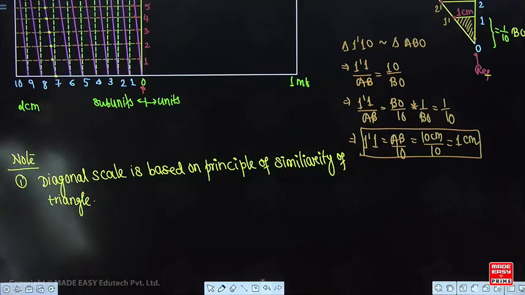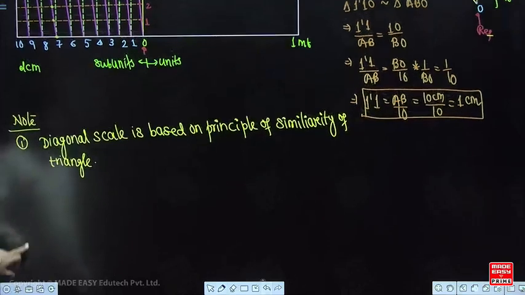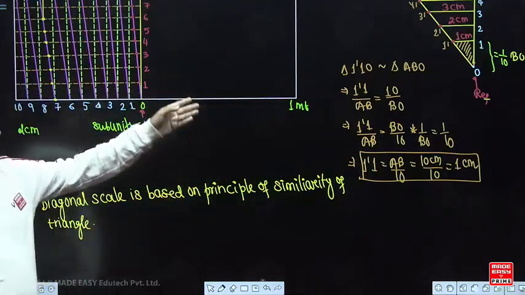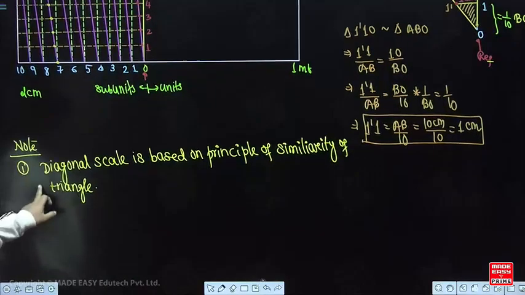Correct? Because diagonal scale is formed from making a number of triangles to be similar.